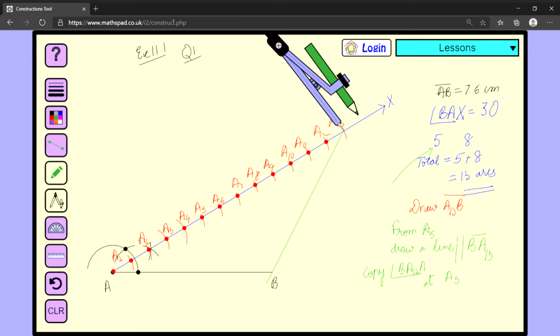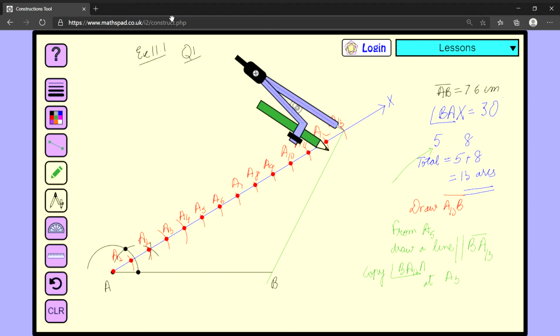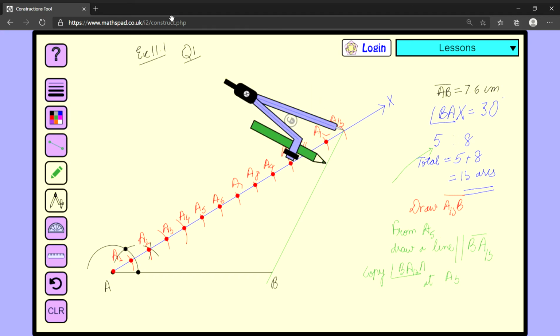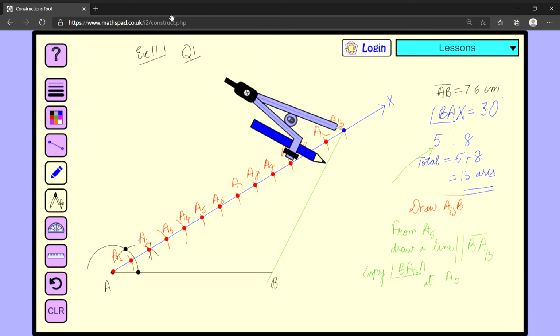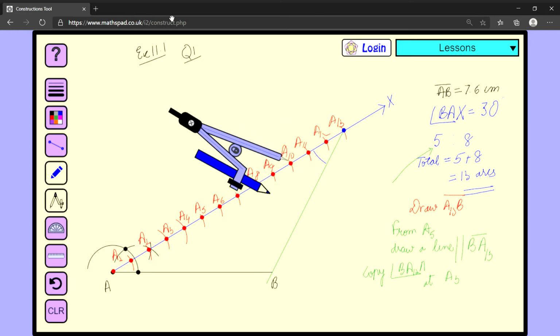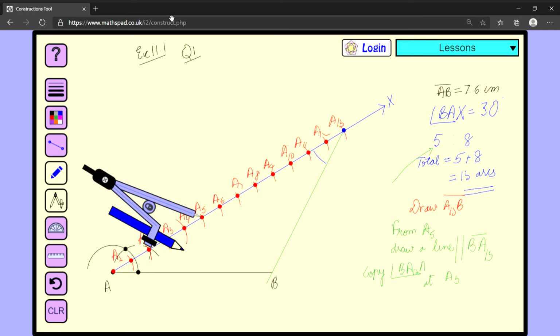For that I would like to make use of the compass. I'm going to place the compass here. The angle that I want to copy is on this side. Let me change the radius, and I'm going to change the color also so that it's a little convenient. Drawing an arc from here, and using the same radius, I'm going up to A5 now.